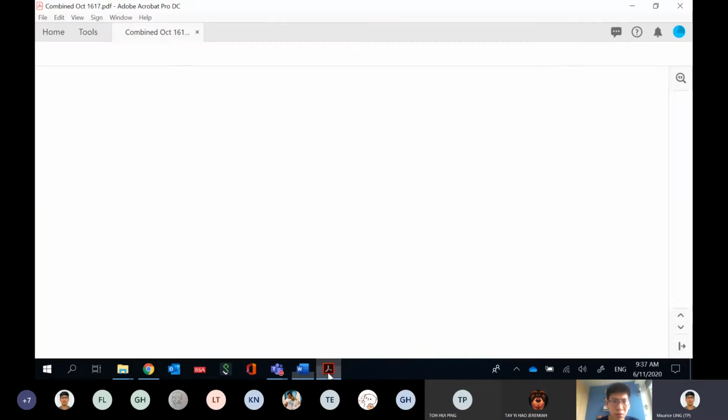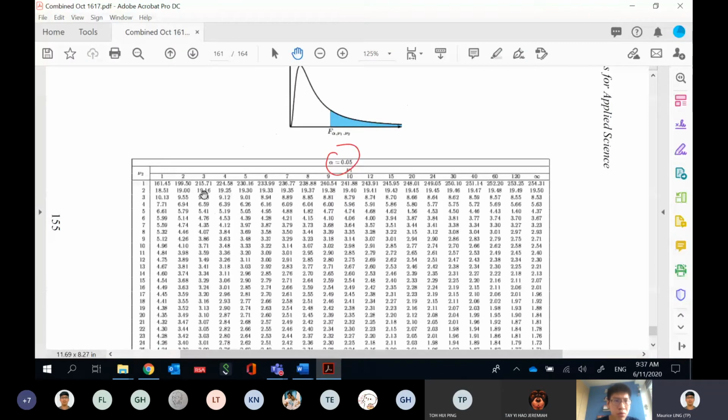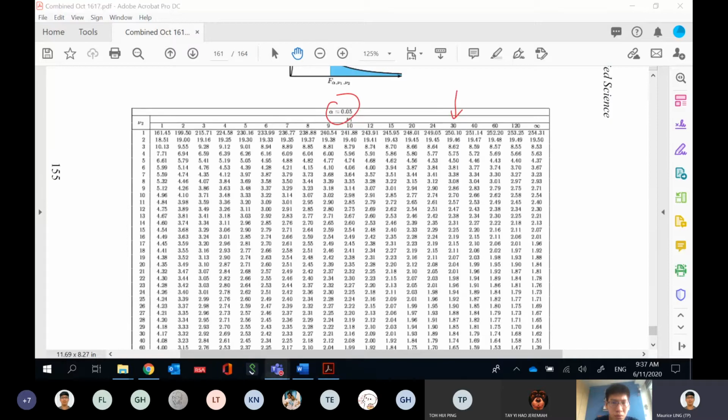So you take this. Then for your degrees of freedom of 30, you find the closest. So 30 is this column. Then you find the rows. So the row will be 30 over here. You use your ruler and you get this 1.84.